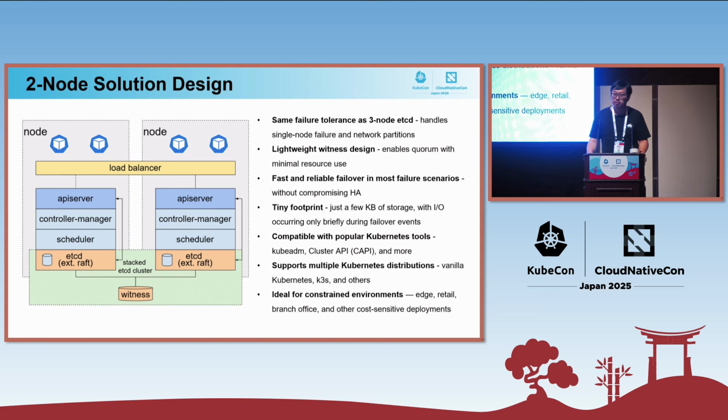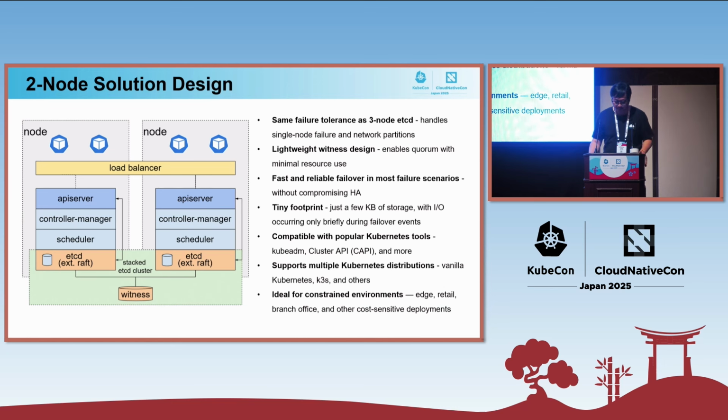So most of the time, for example, when all nodes are good, or even in degraded mode, when you have only one node up and running, the witness will be idle, so it will not be touched. And the witness itself only needs a few kilobytes of space to save its data, so speed and size don't matter here.